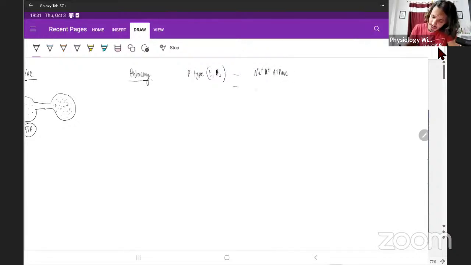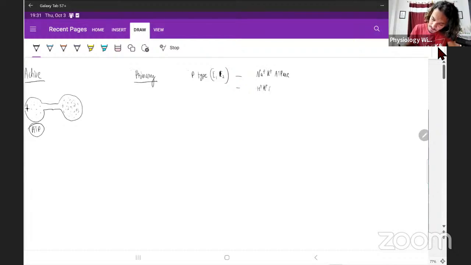Another example is your hydrogen-potassium ATPase, which is also called the proton pump in your GIT. Then we have something else called SERCA, sarcoplasmic endoplasmic reticulum calcium ATPase. These are examples of P-type.